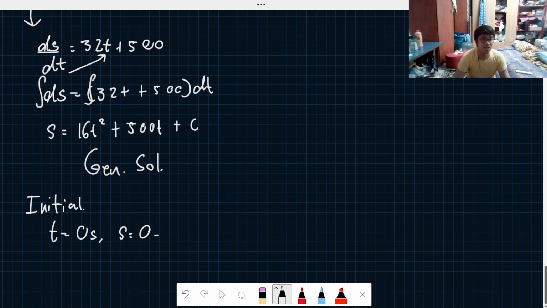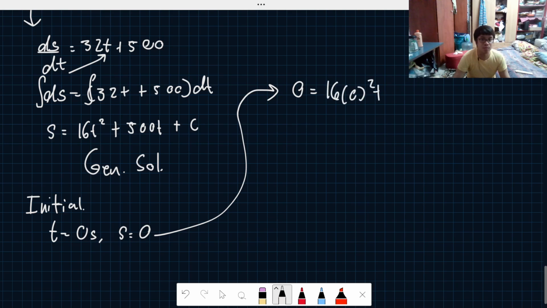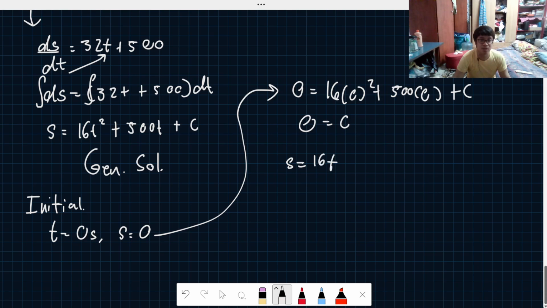In this case, you will get 0 is equal to 16 times 0 squared plus 500 times 0 plus c. All of them will result to 0, so your c is 0. Hence, your particular solution would be s is equal to 16t squared plus 500t. That is your particular solution.